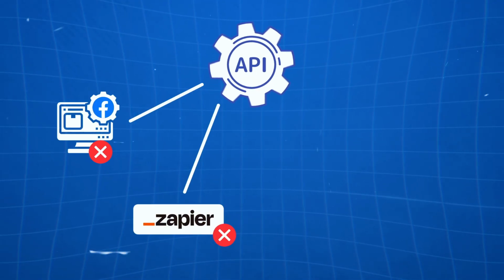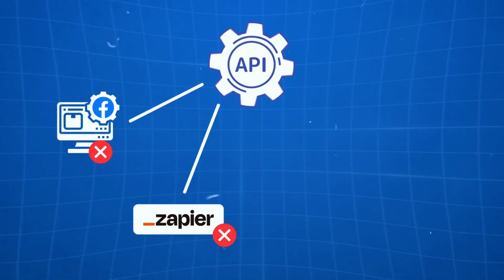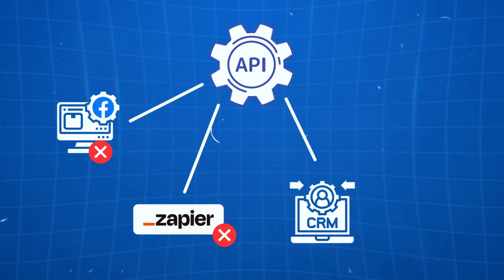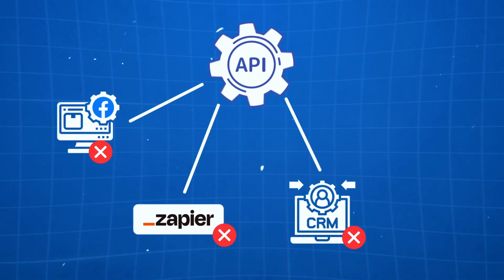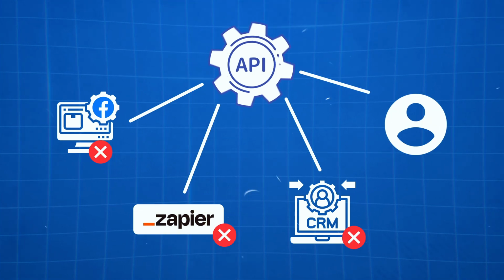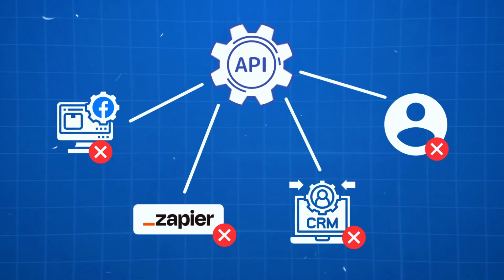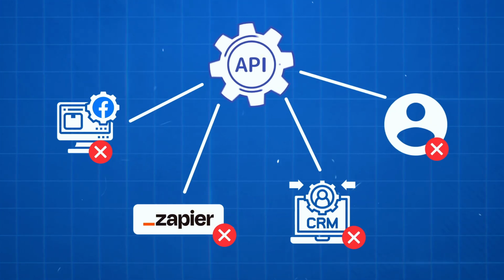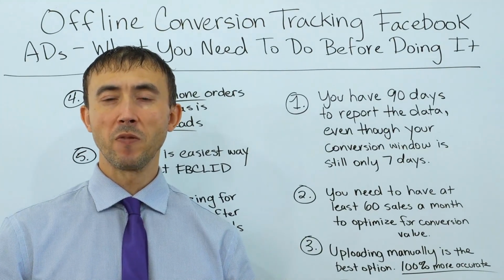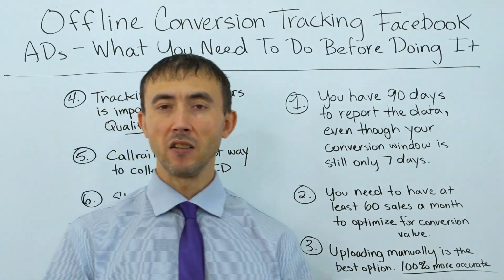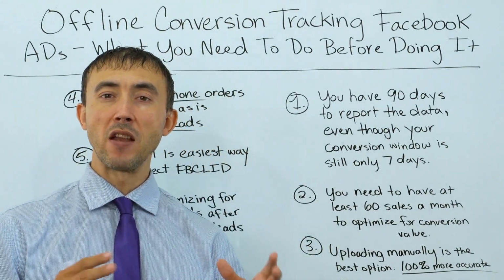You also have Zapier, which is linking your CRM to Facebook, and then you have the CRM itself potentially screwing up. Plus, on top of that, a human can fail to enter the information in the CRM correctly, and that's another point of failure. So there are 4 points of failure versus basically 2 with manual uploads.